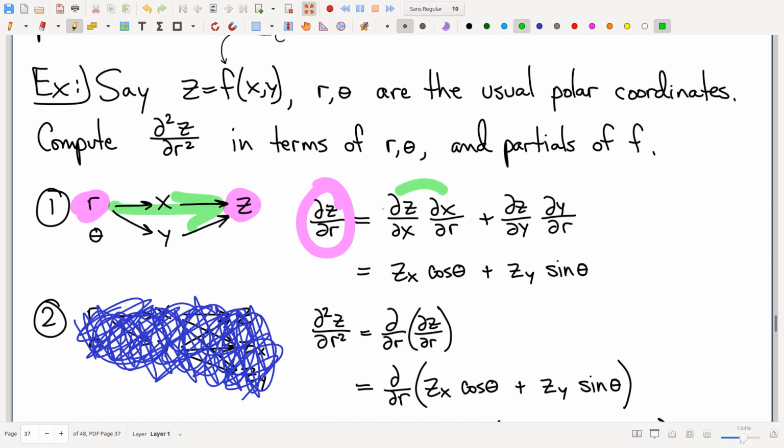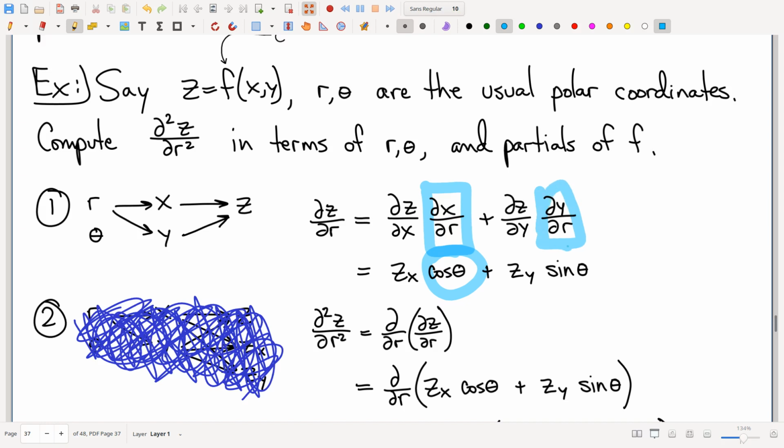There's the x term and there's the y term, and easy rewrites down here, because after all, you know the formula for x as a function of r, and you could straight up compute that partial derivative. X is r cosine theta, so the r partial is cosine theta. Likewise here, that is that. And this is just a notational option. I'm just going to rewrite these like those just because I can, and it's going to be convenient in a moment.